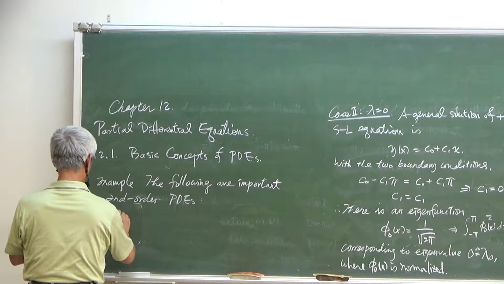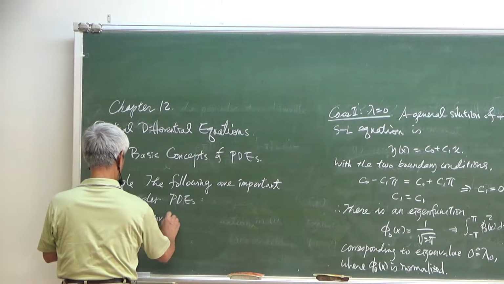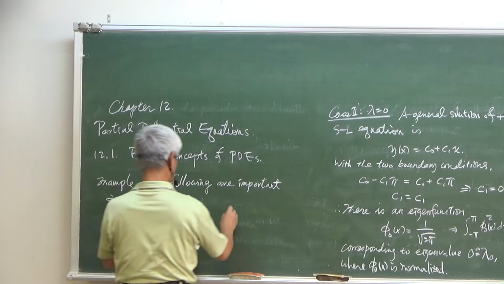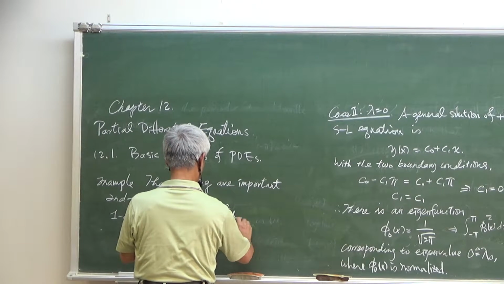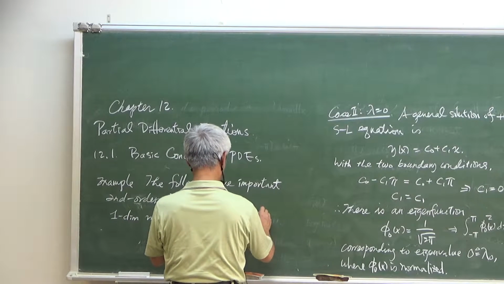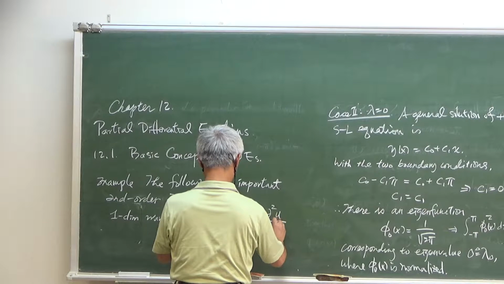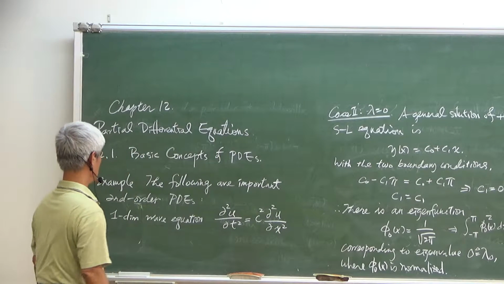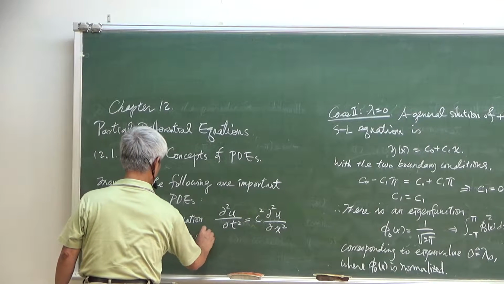For example, the one-dimensional wave equation. Here u actually is u(t, x).